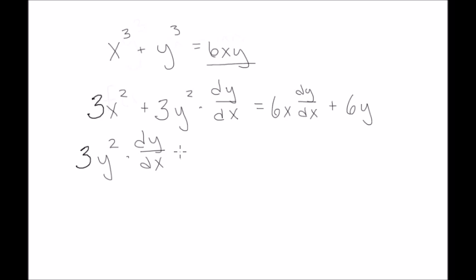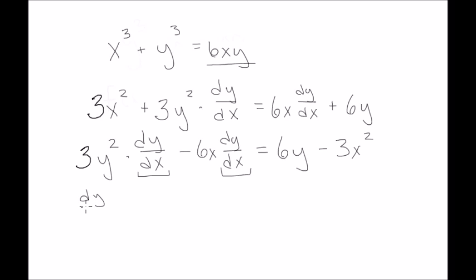I'm going to subtract 6x dy dx from both sides so that it moves to the left side. I have 6y left over on the right, and remember that I had subtracted 3x squared from both sides. I now need to factor out the dy dx on the left-hand side.